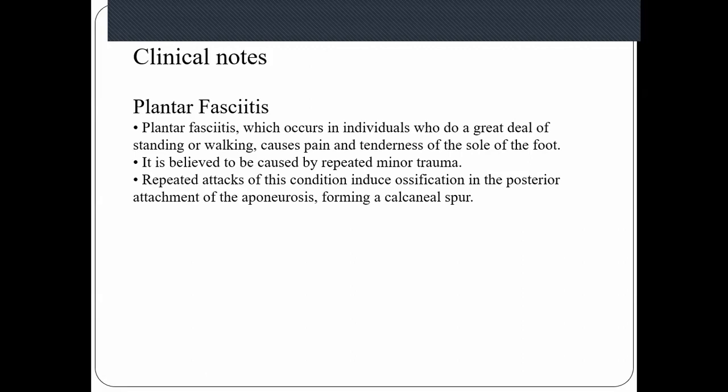But just to know, the joints are the same as in the hand. You have tarsal joints, tarsometatarsal joints, intermetatarsal joints, metatarsophalangeal joints, and interphalangeal joints. Those things will be discussed in the lecture on lower limb joints.